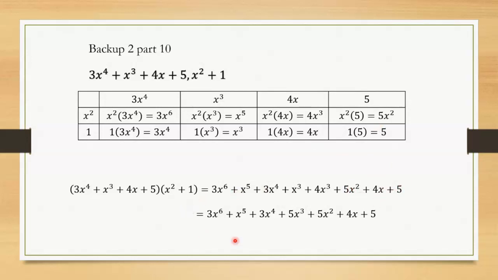Combining, the only thing we had to combine was x cubed and 4x cubed. We get 5x cubed, and that's our answer here. It's just another example of the grid method, or table method, if you want.